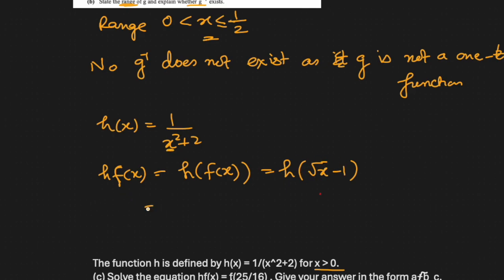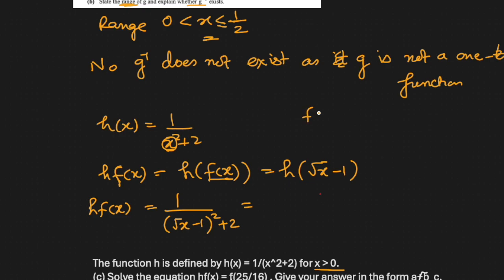So which will be 1 over (square root x minus 1) squared, plus 2. I hope you understand. This x individually was substituted by the square root x minus 1 from f(x). Okay, and they say it is equal to 25 over x.